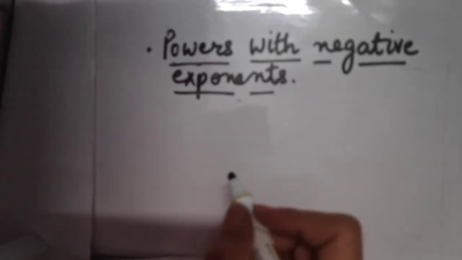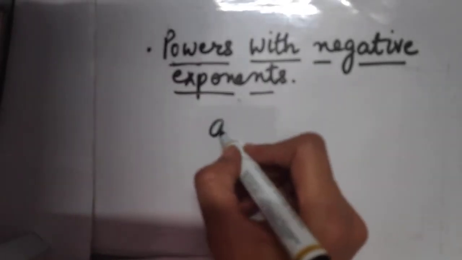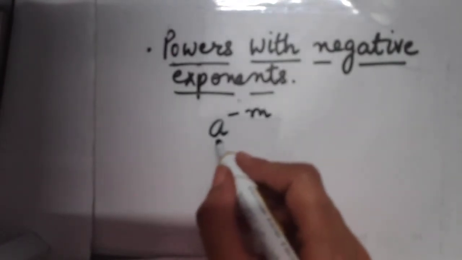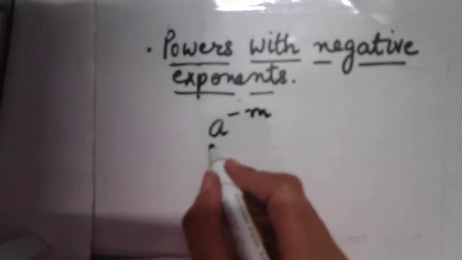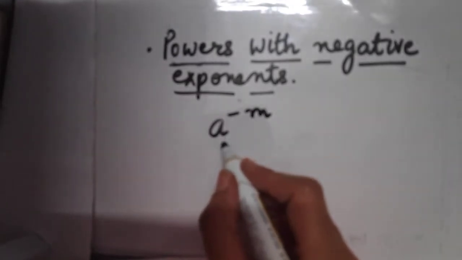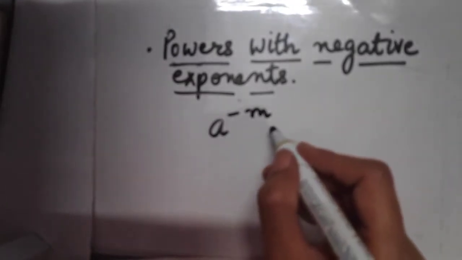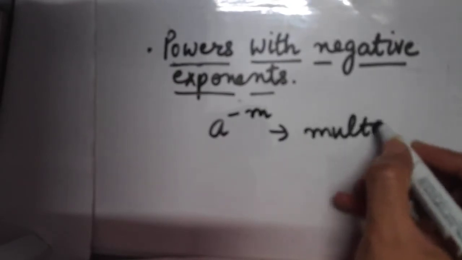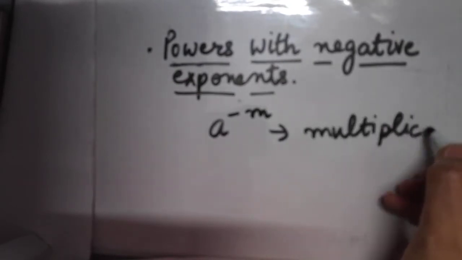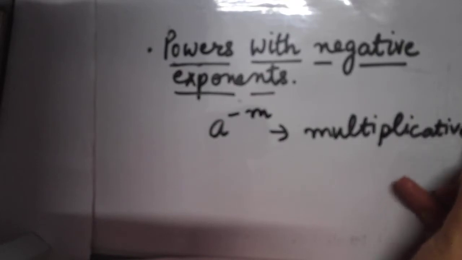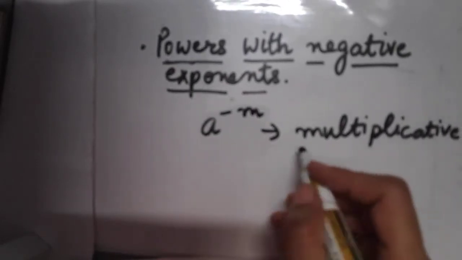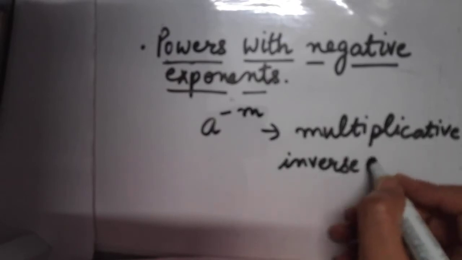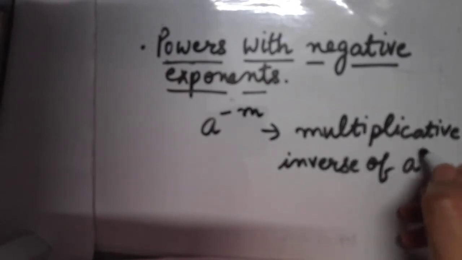And there is one more point regarding this, which is that a raised to the power minus m is the multiplicative inverse of a raised to the power m.